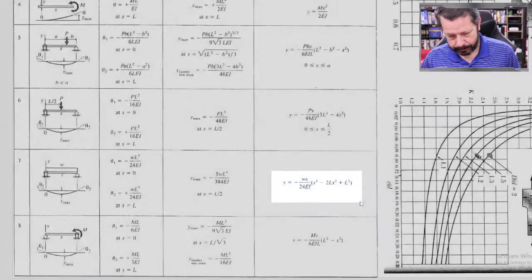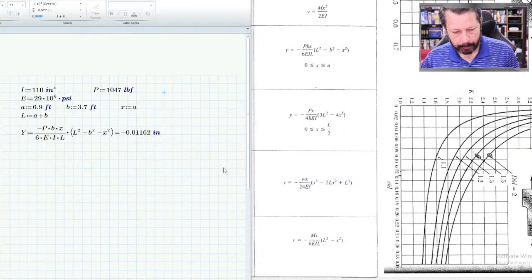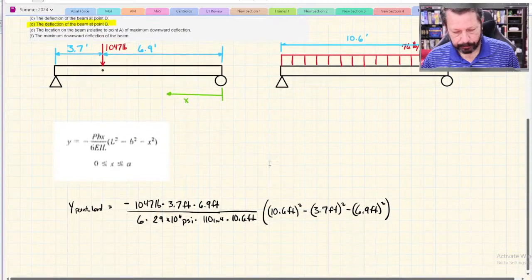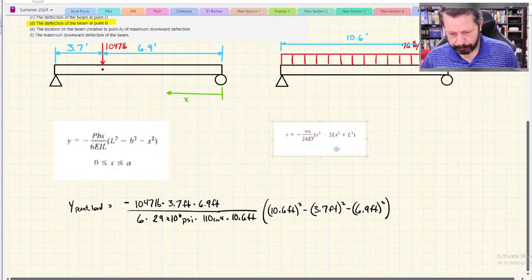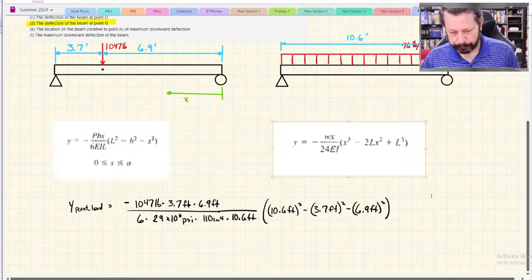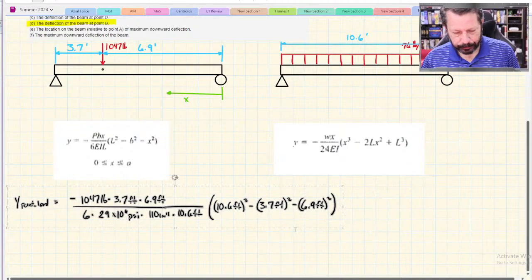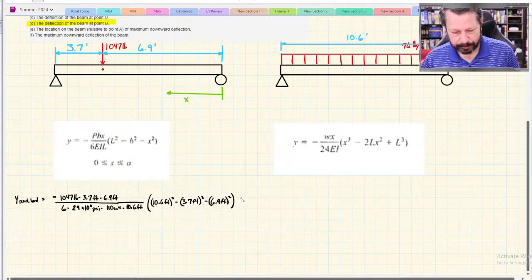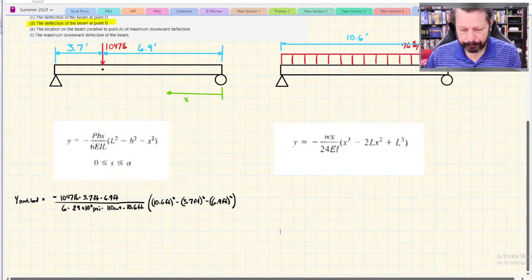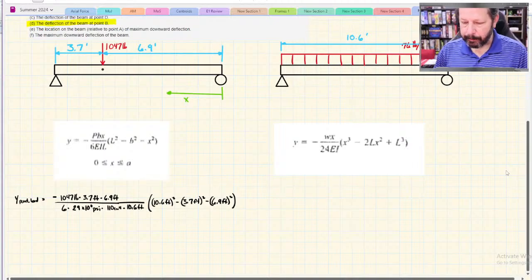So I'm going to copy it so I don't forget it. Let's put it over here first. Let's move that over. Maybe we can make it a little smaller. There we go. Okay.